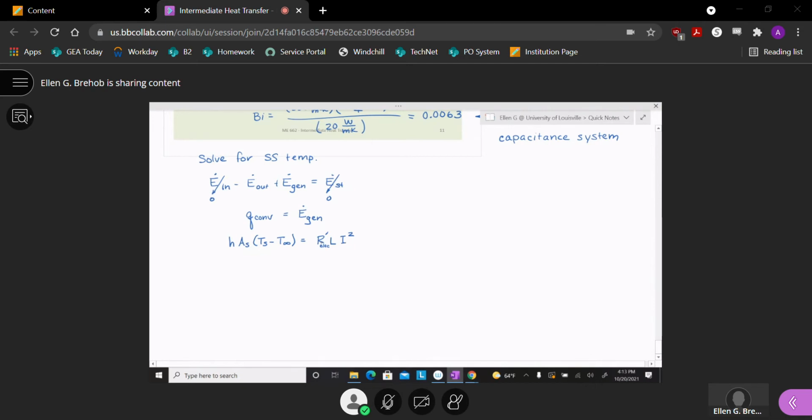So the electrical resistance times the current squared. But since they gave me the resistance per unit length for this wire, I'm adding a length. We don't know that, but I've added it in. And then we'll expand this out one more time. So the surface area is pi d L.